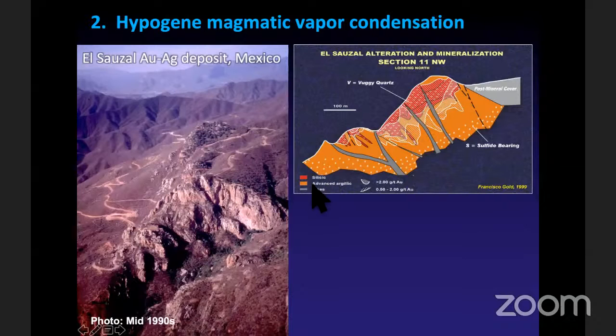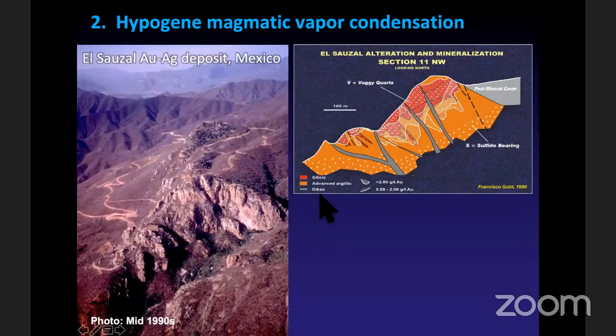I'm showing orange advanced argillic. I'm making that simplification. Today I say don't do that. This was a figure from an effort by Jeff and I looking at high sulfidation silver deposits around the world, comparing, and obviously we had to simplify and use simplified colors. But I would say don't use that, use the minerals, the assemblage that is there.